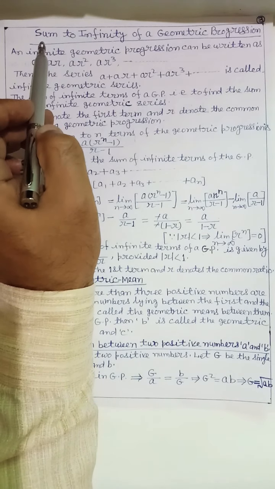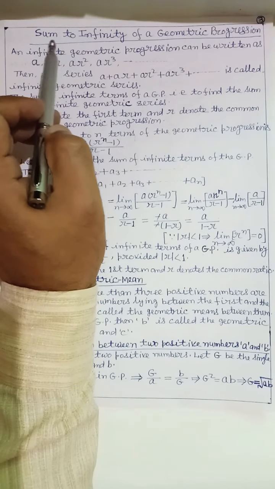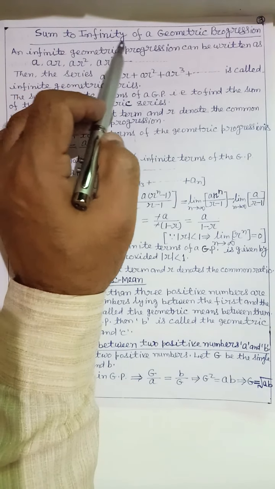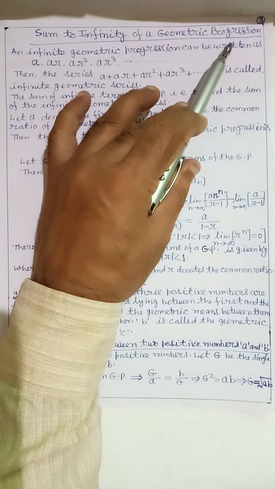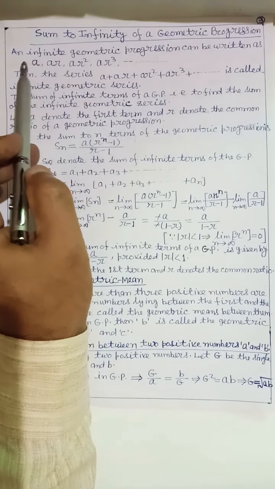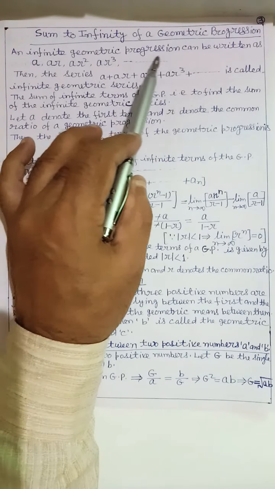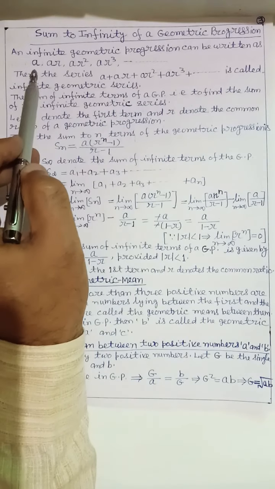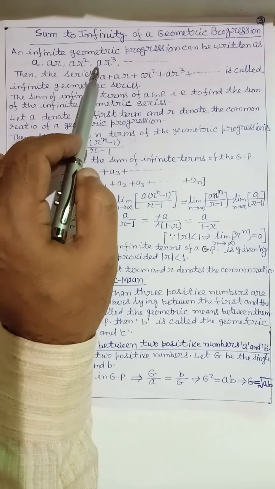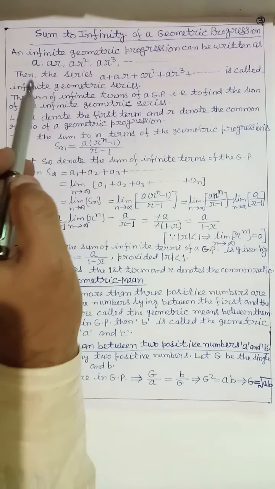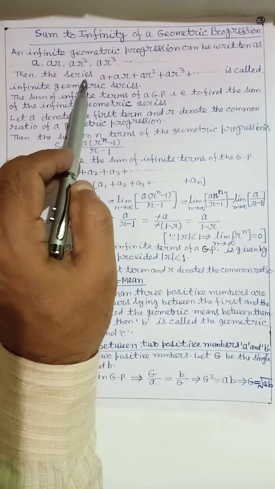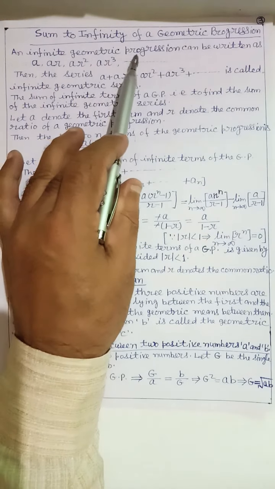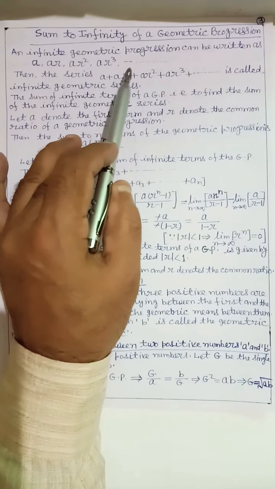Now we discuss the sum to infinity of a geometric progression. An infinite geometric progression can be written as a, ar, ar squared, and so on.